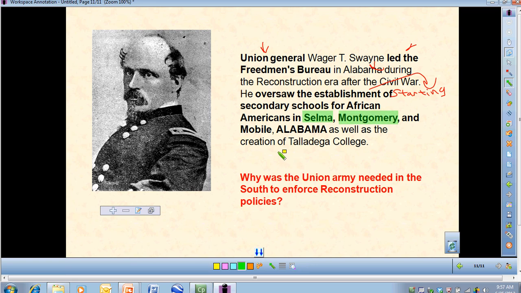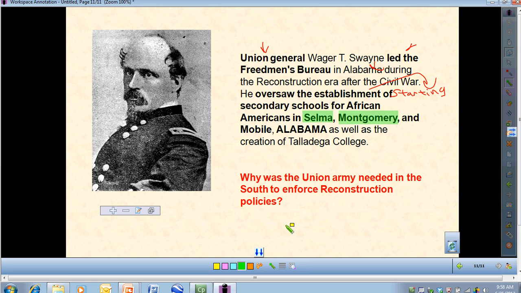And the last thing we'll be talking about in this brief introduction. Now, we're not talking specifically about General Swain. We're just simply mentioning the fact that he was a Union general. He led the Freedmen's Bureau in Alabama. And he oversaw the establishment, as in the starting, of secondary schools.